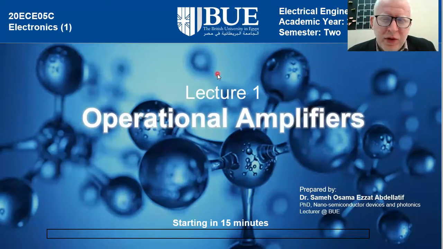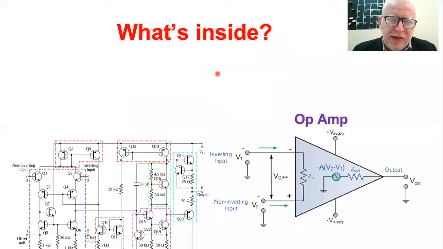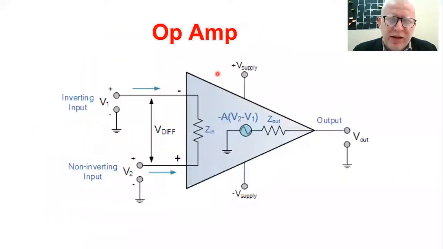Okay, let's do it. So if you remember, my dear students, in the previous lecture, we investigated the operational amplifier. This operational amplifier includes mainly 5 terminals: 2 inputs, 1 output, and 2 supply terminals. We said that these supply terminals will be given within our course, so we assume that they are connected all the time.